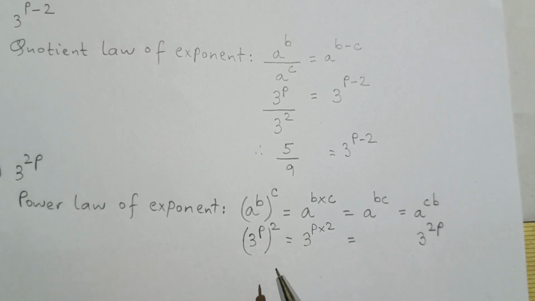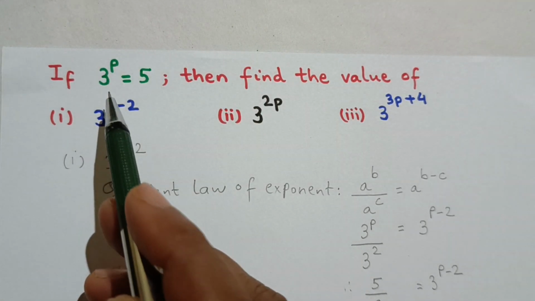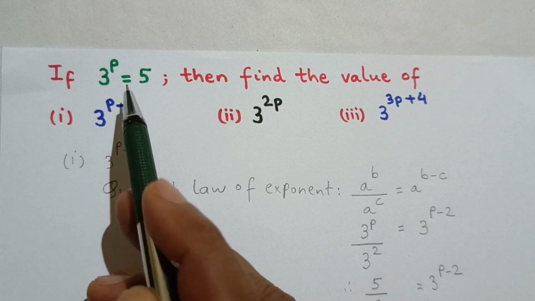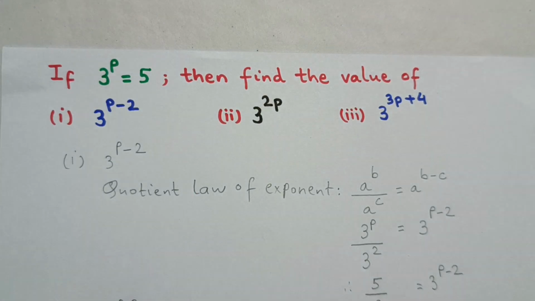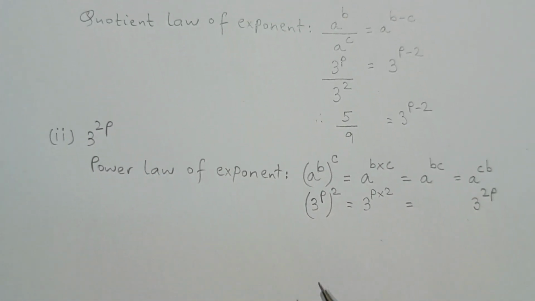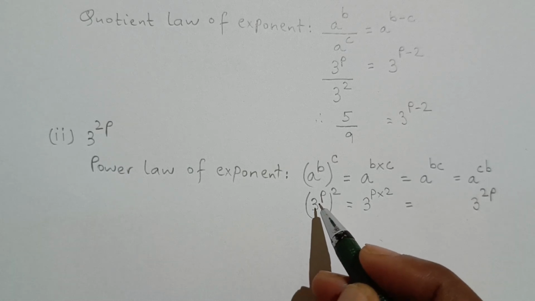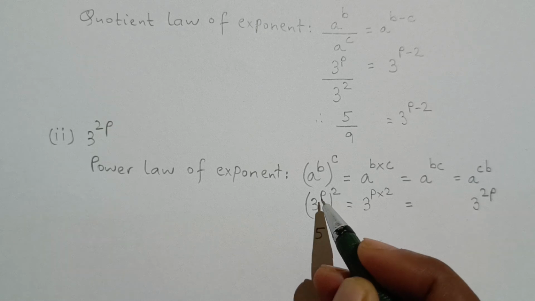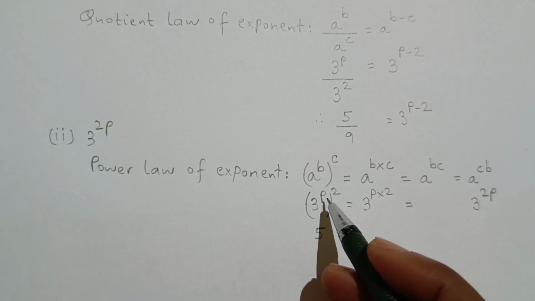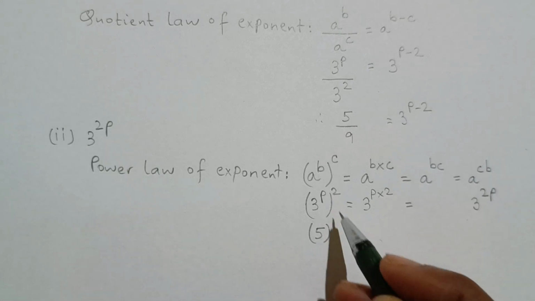Now 3 to the power p is equal to 5. The value of 3 to the power p is 5. So instead of 3 to the power p, I will write 5, then brackets, and outside the bracket I have 2.